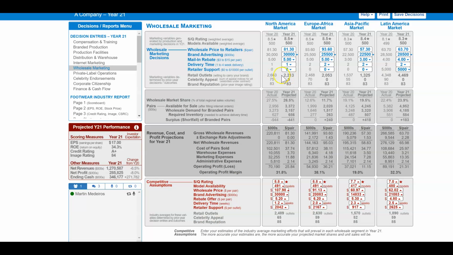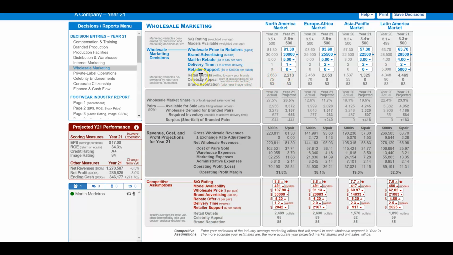Right now, this team is selling in 2,213 stores in North America, and they're not spending any money on retailer support. Retailer support would be like having a display in each store, having a 1-800 number for customers to call if they have any problems with their merchandise, that sort of thing.